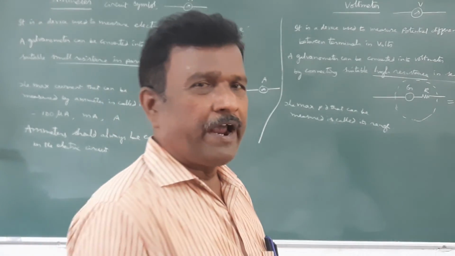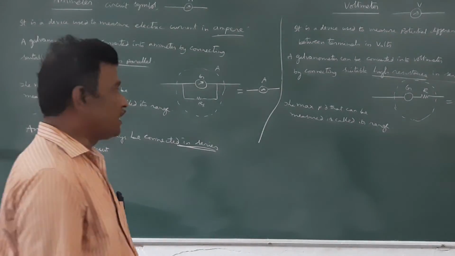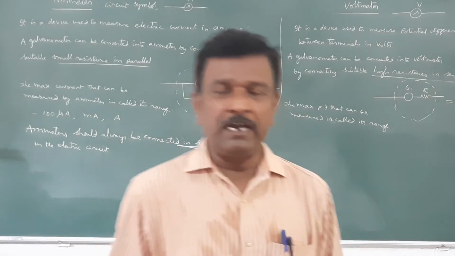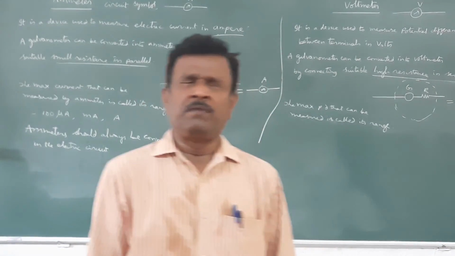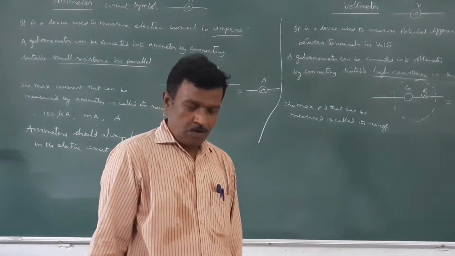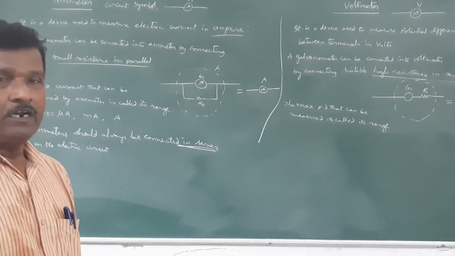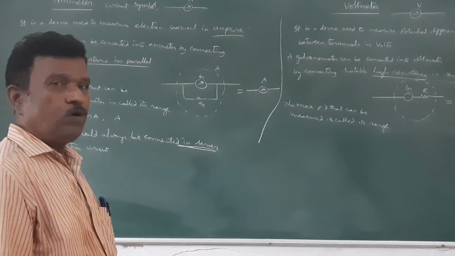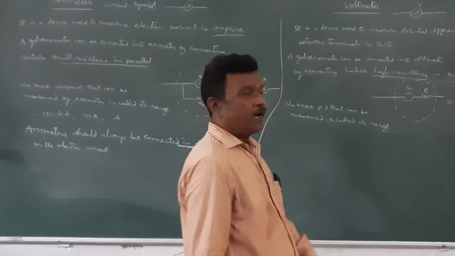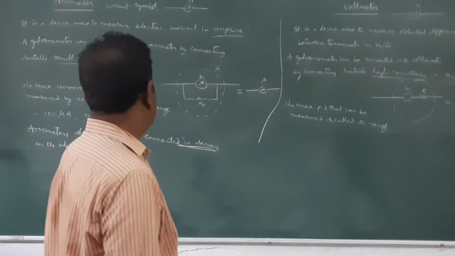Even if we are required to measure very small voltage, even millivolts, you can have a voltmeter. That is called a millivoltmeter. And you can have different voltmeters of different ranges: 1 volt, 5 volt, 10 volt, 100 volt, 1000 volt, 500 volts, like that, depending on the voltage to be measured.